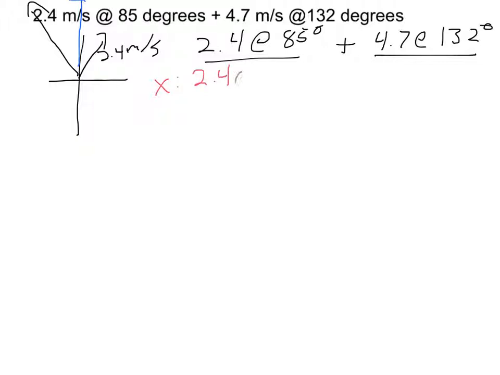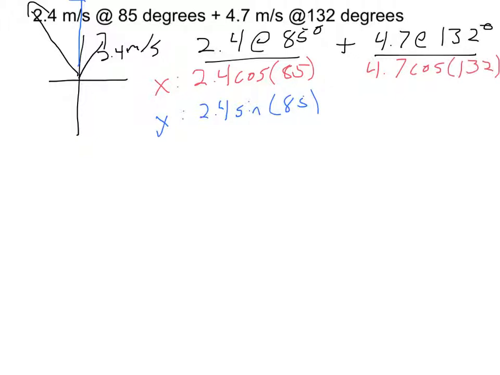So 2.4 cosine 85 gives me its x component, and its y component will be 2.4 sine 85. You always use sine. And then over here, for this one, x component 4.7 cosine 132, and y component 4.7 sine 132. And then I add the x's and add the y's, right?